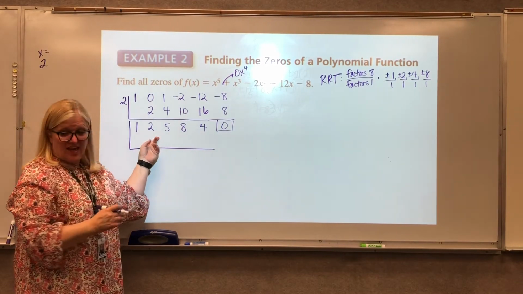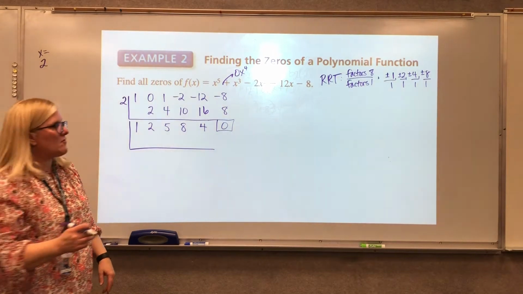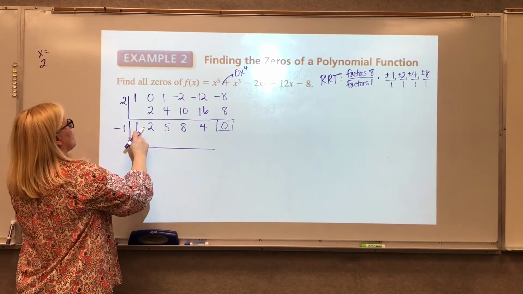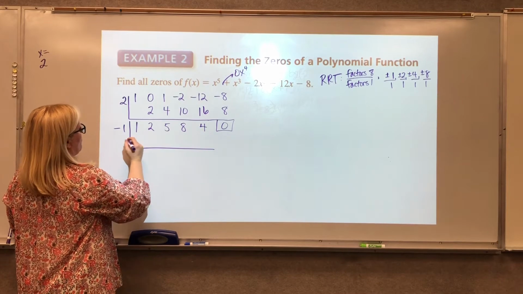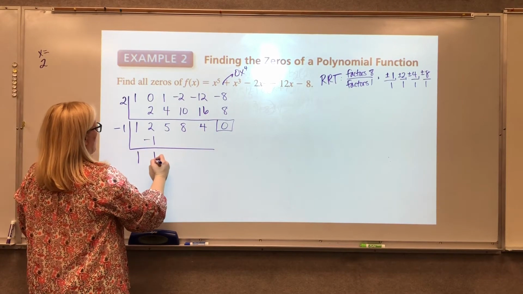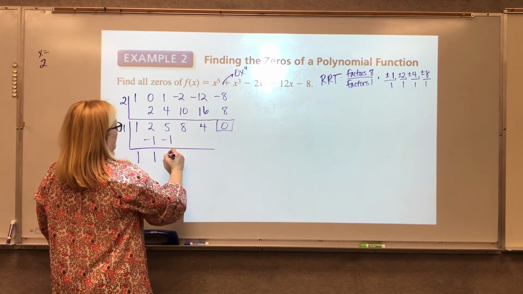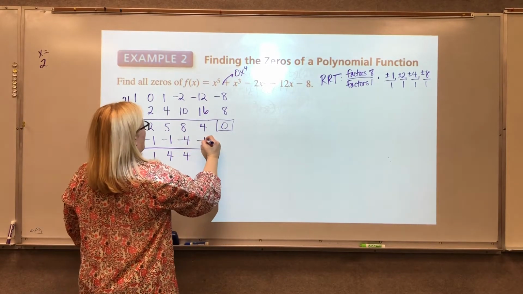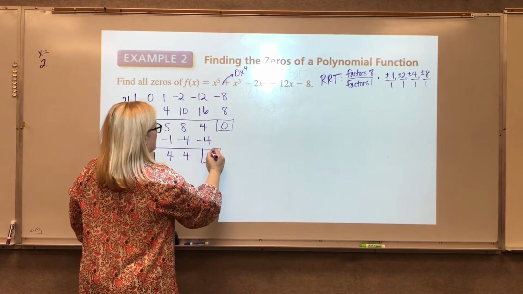I'm going to use it again, and this time I'm going to try negative 1. So negative 1, we drop the 1, this is negative 1, 1, negative 1, 4, negative 4, 4, and negative 4 gives me 0.